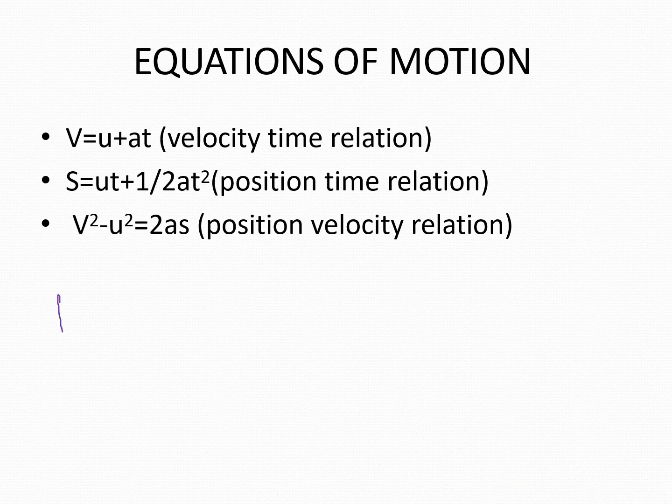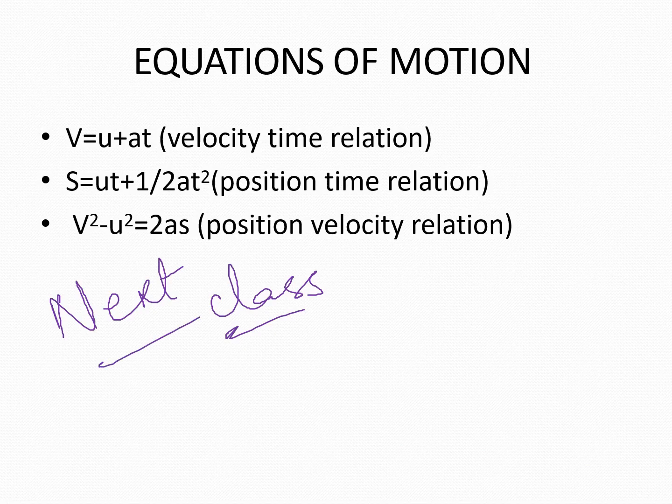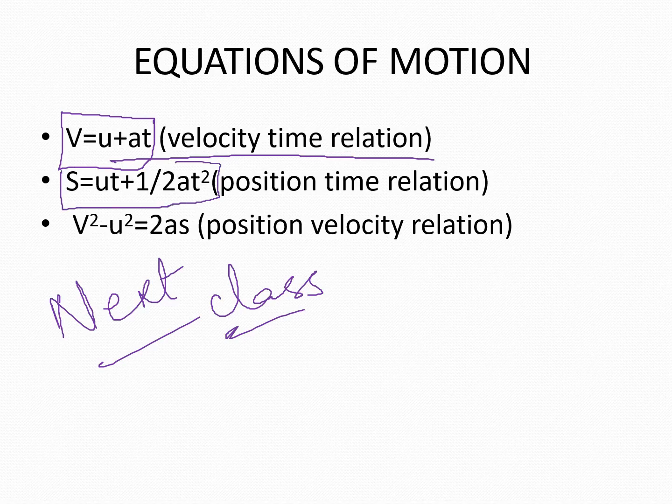Now in the next class, my dear students, we will study the equations of motion. These are the three equations of motion which you have to learn. Derivations will be explained to you, although derivations are not asked, just to give you the concept.